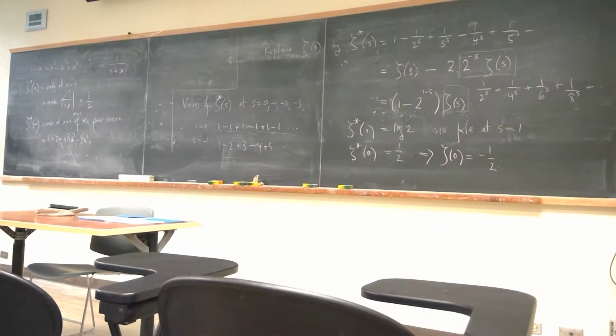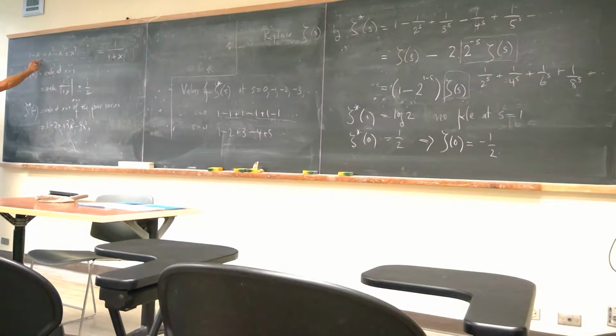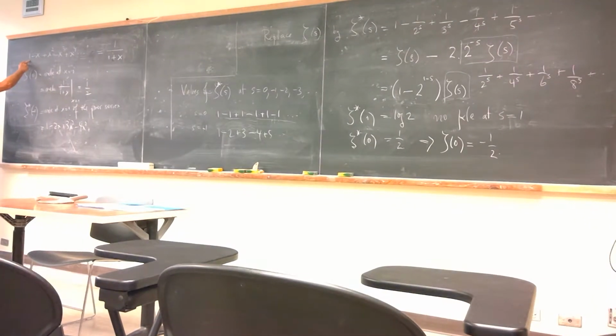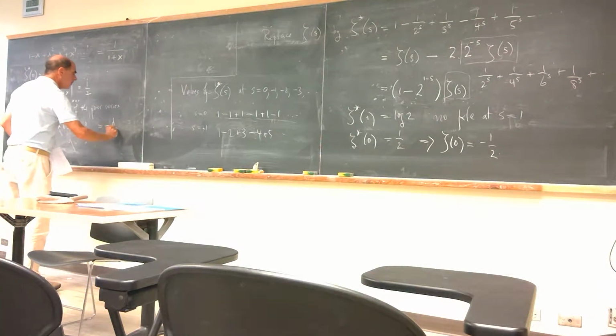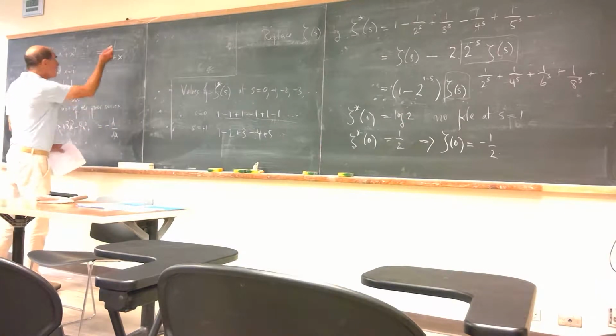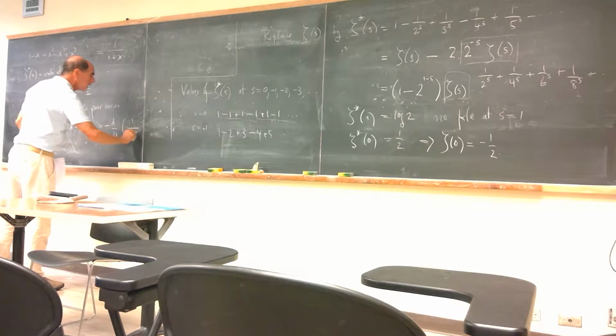Well, you see, if we took this power series and differentiated it, this would be 0, this would be minus 1, this would be 2x, this would be minus 3x squared. So it's pretty close. This is equal to minus the derivative of our previous power series, which we know is represented by 1 over 1 plus x.